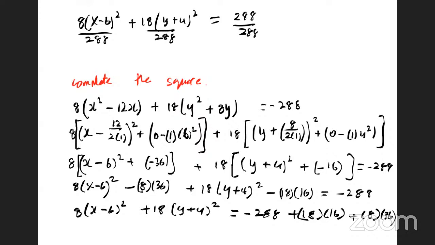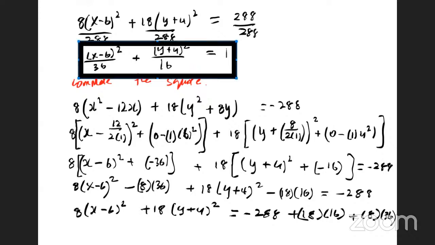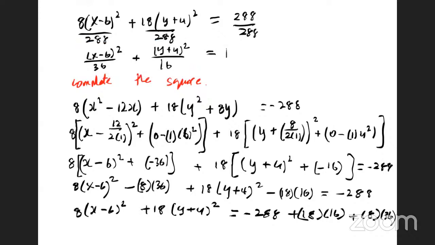So when I divide it out, what's 8 into 288? 36. So we end up with x minus 6 squared over 36. 18 into 288 is 16, right? And you'll get y plus 4 squared over 16, and here's 1. Right? So we end up with this.